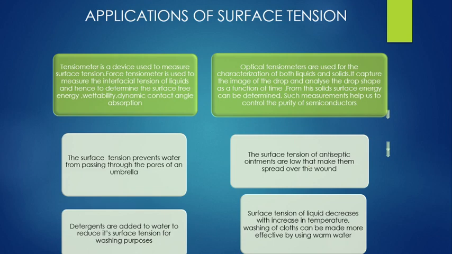Detergents are added to water to reduce the surface tension for washing purposes, and the last one is: the surface tension of a liquid decreases with increase in temperature, so that washing of cloth can be made more effective by using warm water.